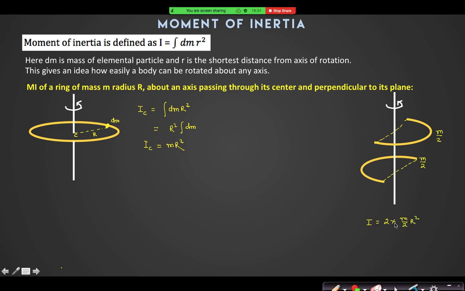So the moment of inertia can be added, right? When can we add moment of inertia? We can add moment of inertia when we have the moment of inertia about the same axis. Moment of inertia can be added like scalars, about the same axis of rotation.